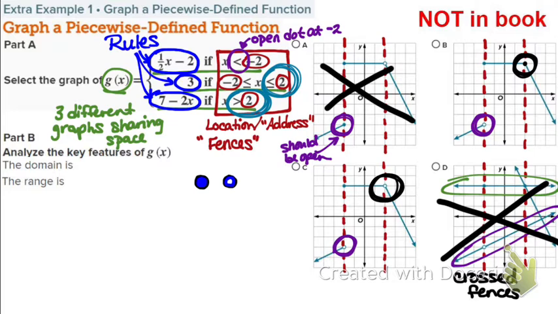Are both of these supposed to be open? No. This one says it's supposed to be closed. So which graph shows me that they're not both open? Yeah. B up here is the correct one. This one shows me that they're not both open. That's the correct one. Graph B is correct.